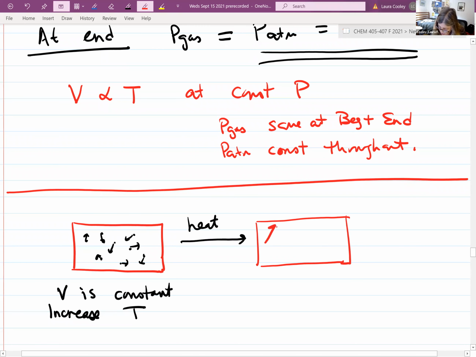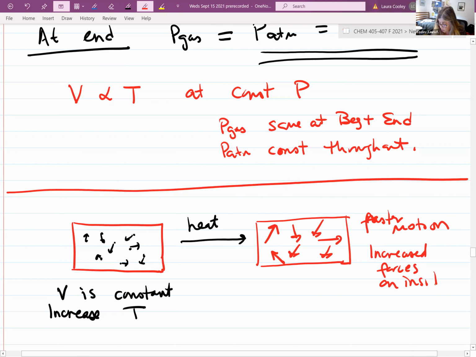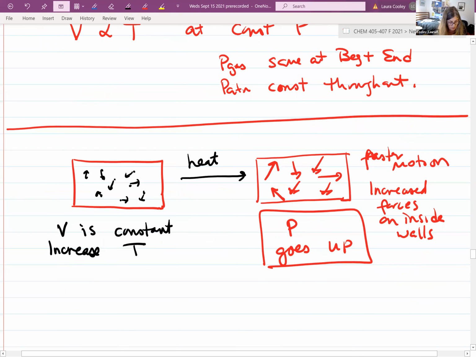So I'm going to show larger arrows representing their motion. Faster motion. But I haven't changed the area at all. I've increased the forces on the inside walls. So pressure goes up. Okay. So if the volume is constant and temperature increases, the pressure increases.